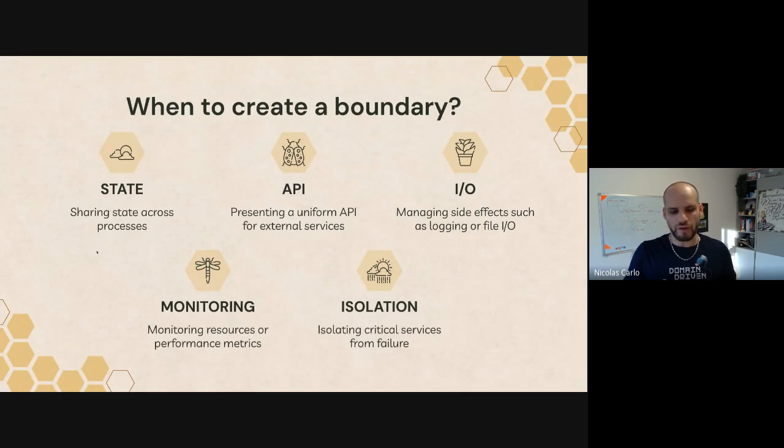So from the book, a couple of ideas of when to create a boundary. In general, whenever there is a process involved, this is a boundary. If you want a GenServer, it's a boundary. Everything that touches the I/O, everything that touches the external world will be in the boundary.